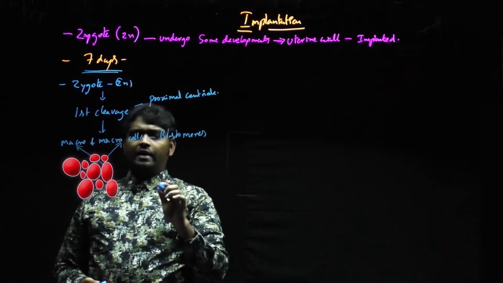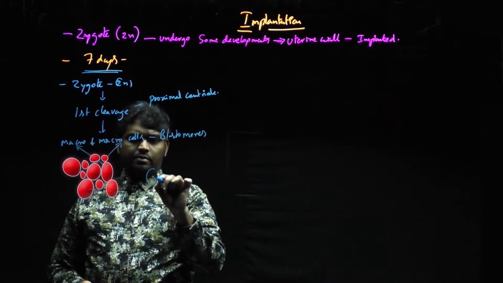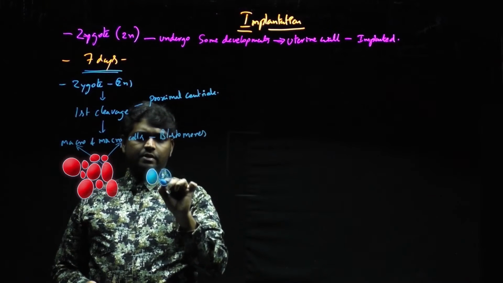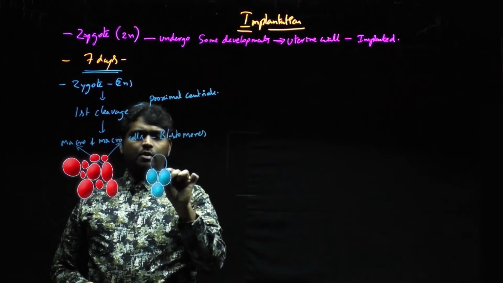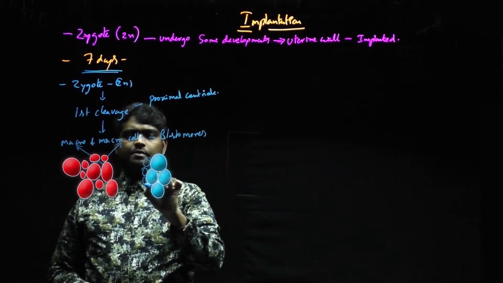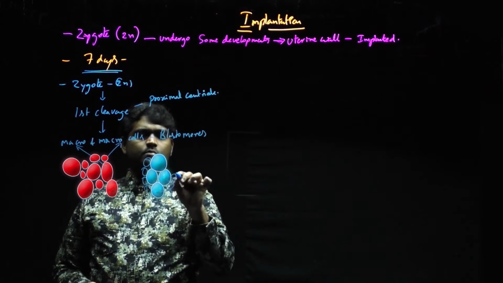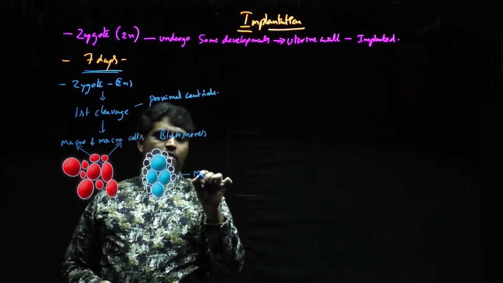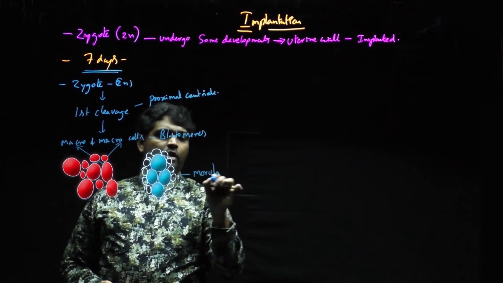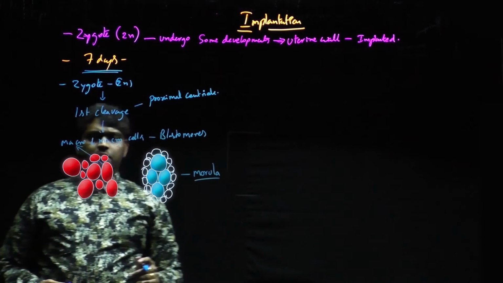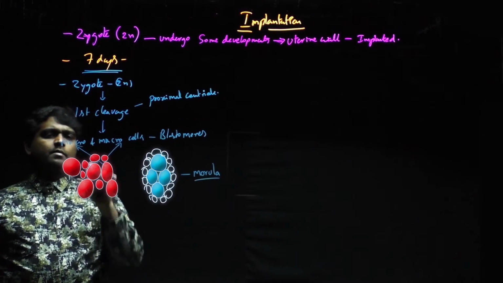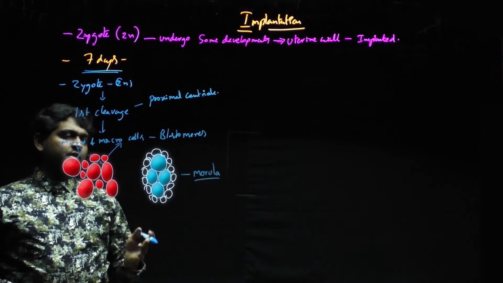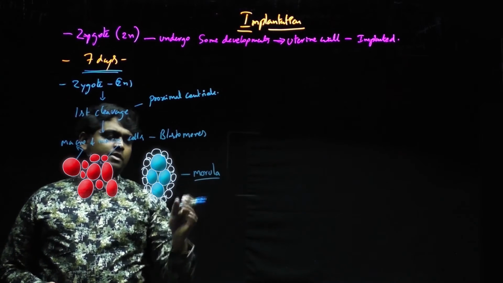Now these are rearranged, with the larger cells present in the center and the smaller cells covering the outside. This complete structure is called the morula. The morula is a rearrangement of blastomeres, the macro and micro blastomeres forming a proper structure.